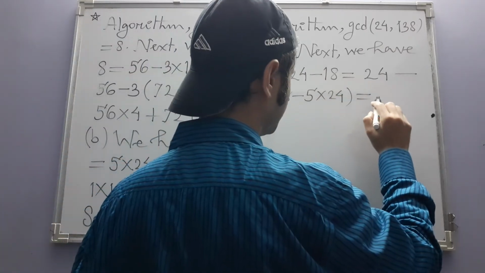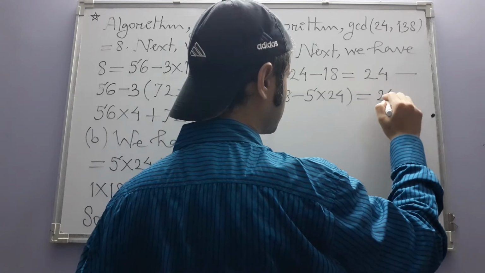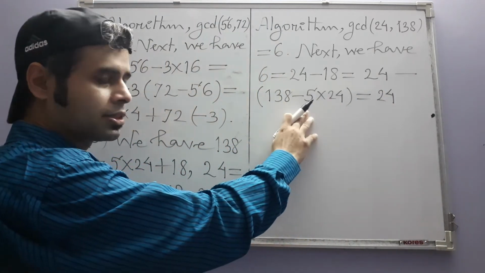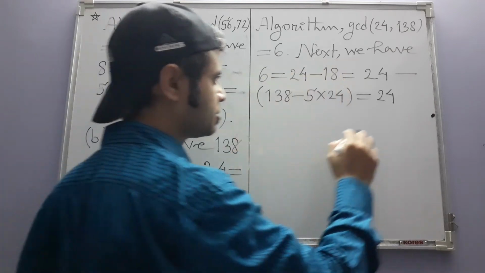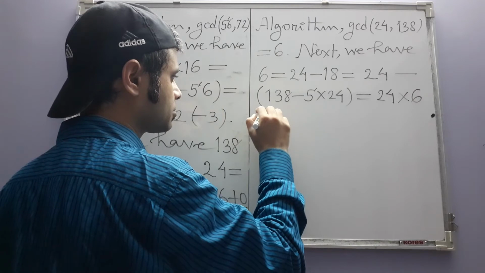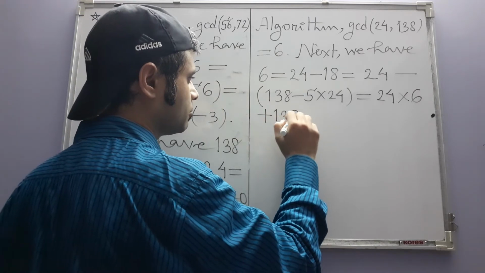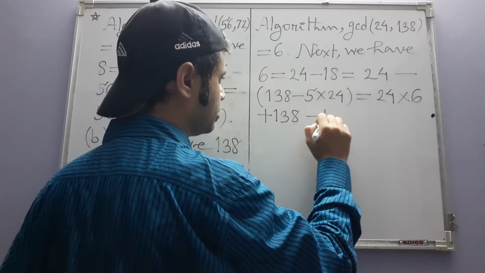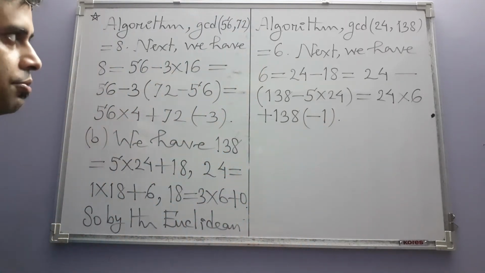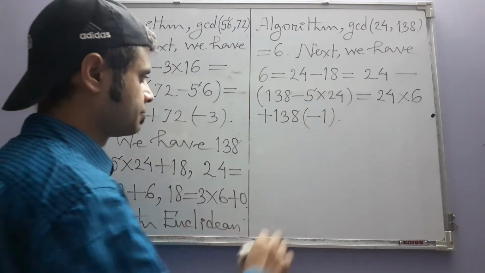So after simplification, this becomes 24 times, minus 1 times minus 5 is 5, 5 plus 1 is 6, plus 138 times minus 1. So in this case, x is 6 and y is minus 1.